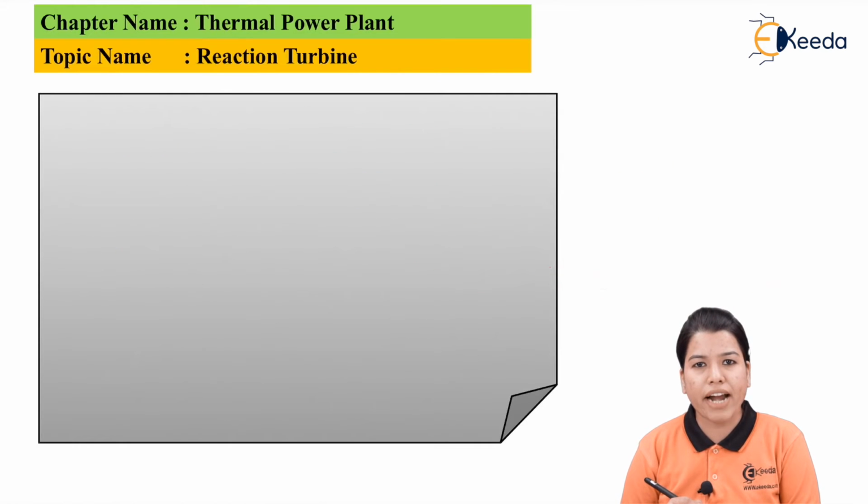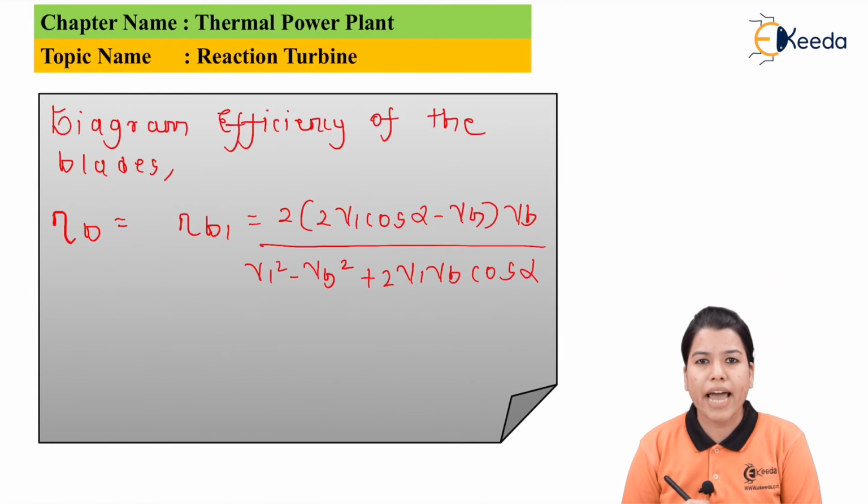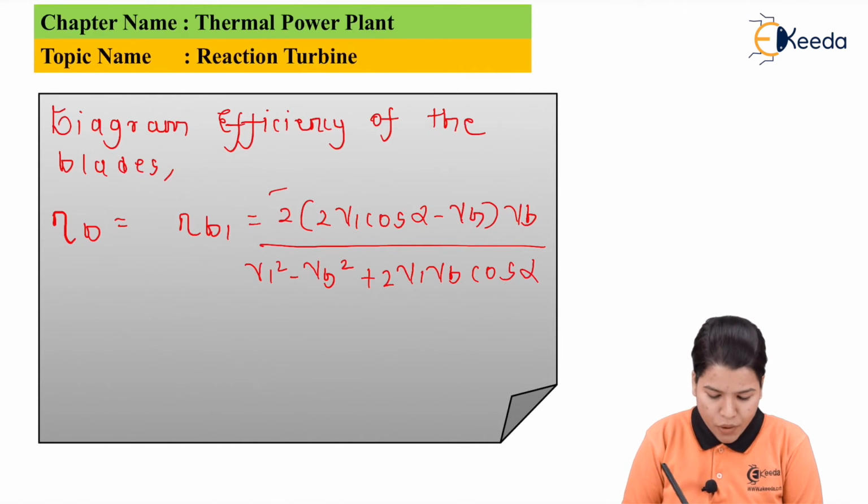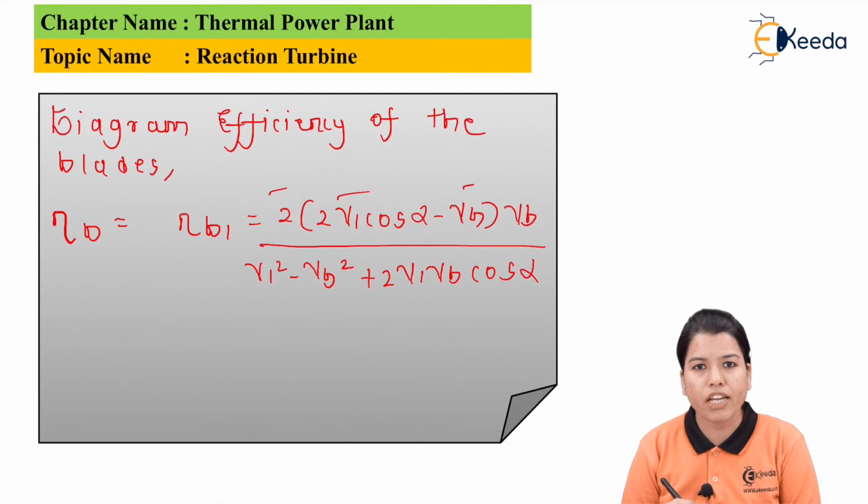Now further we can find the diagram efficiency of the blade as follows. The diagram efficiency is equal to 2 multiplied by (twice V1 cos alpha minus VB) multiplied by VB, whole divided by V1 square minus VB square plus 2 V1 VB cos alpha.